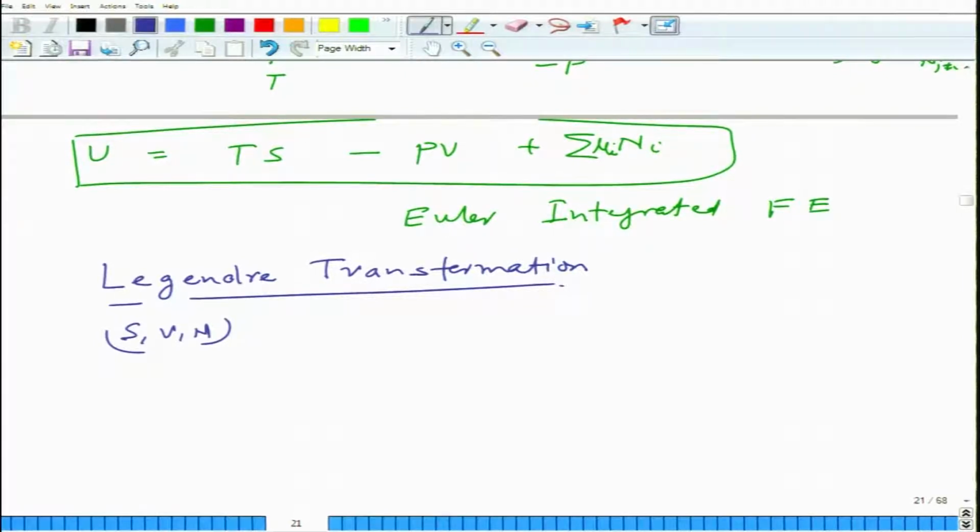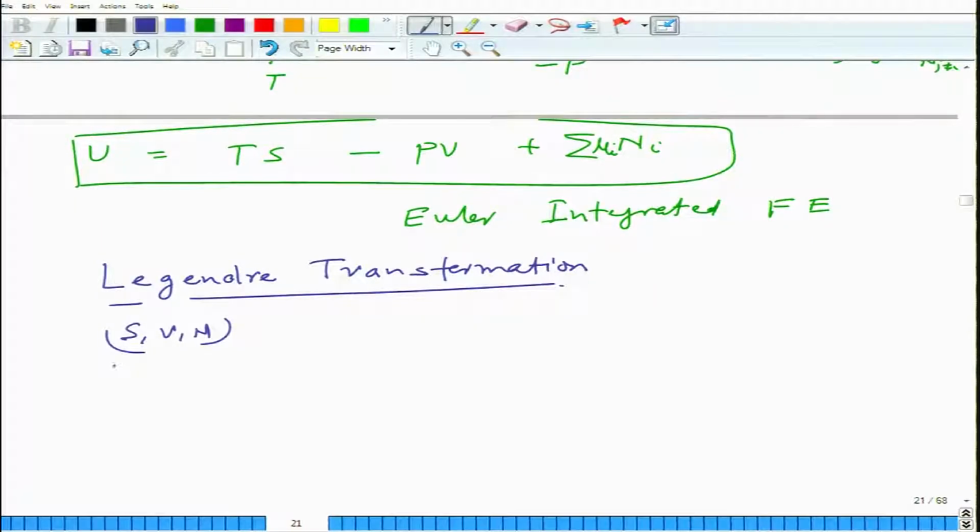You can also maintain the pressure by keeping it open to the atmosphere. So the common variables which we can control much more easily are constant temperature and pressure.